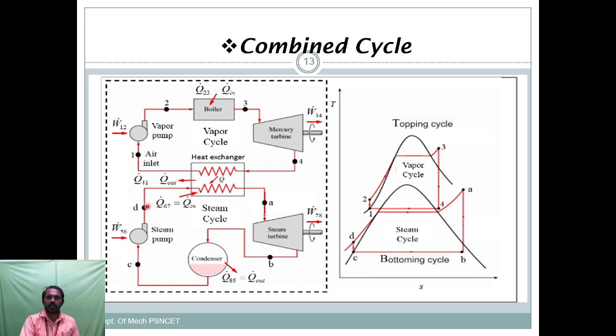The pump increases the pressure and the process is repeated. This is the vapor cycle. This is the steam cycle. So the only change is the heat exchanger. The water is heated by the released air heat. So this is the small change of the combined cycle.